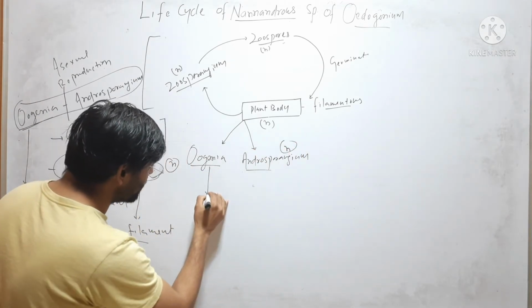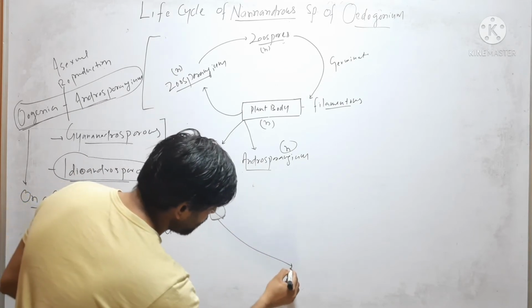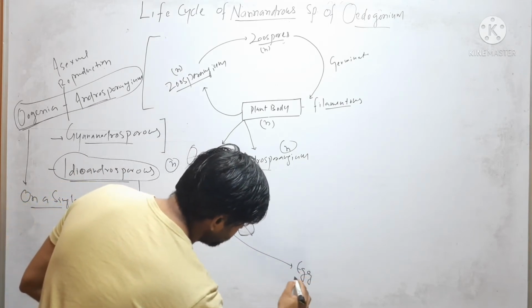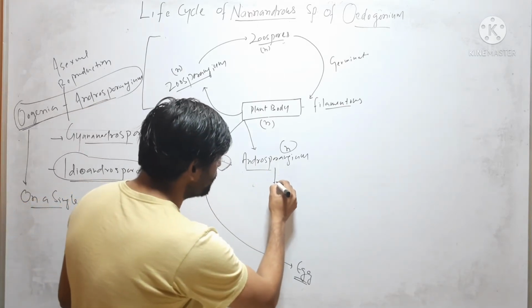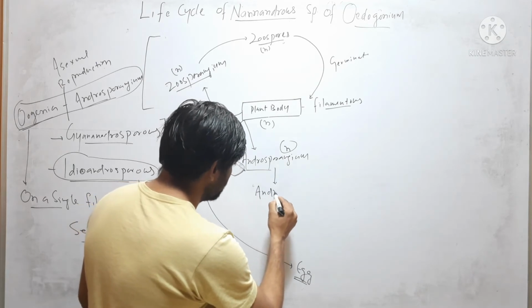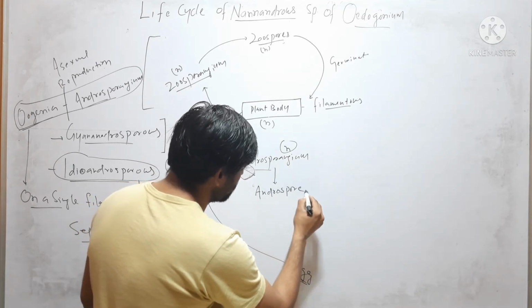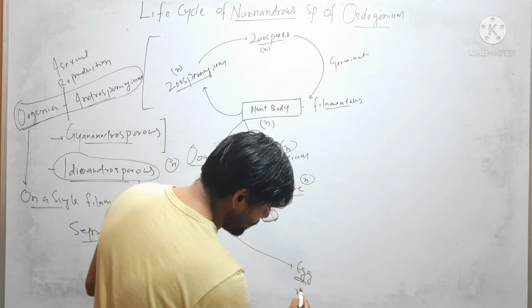This oogonium will further form egg. This androsporangium will form a multiflagellated structure, that is androspore. It is also haploid, egg is also haploid.